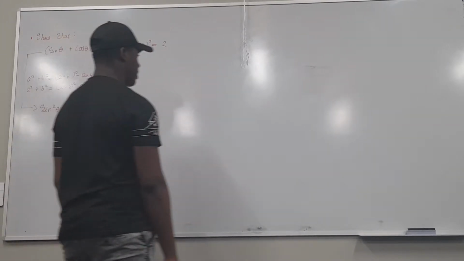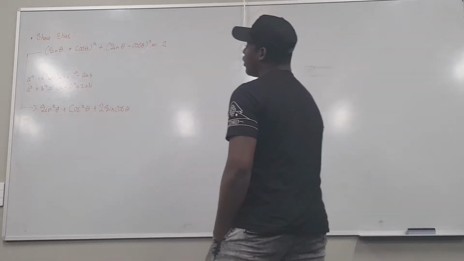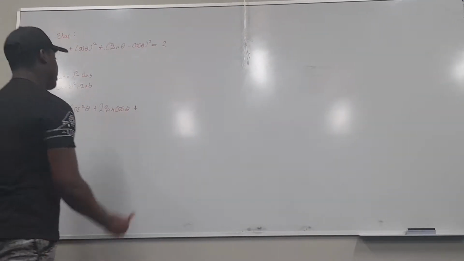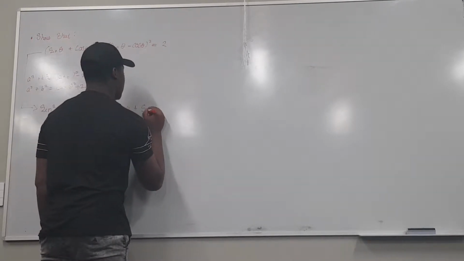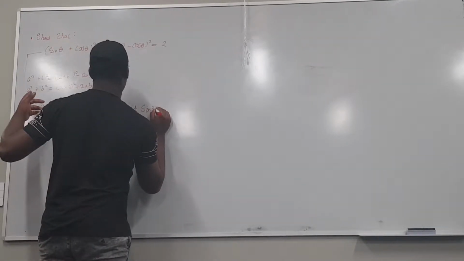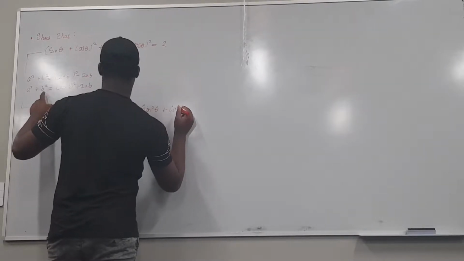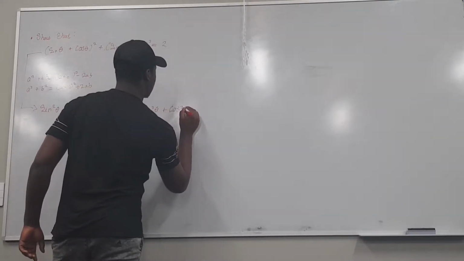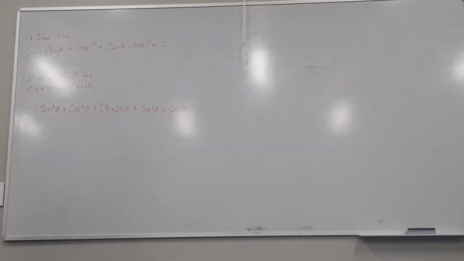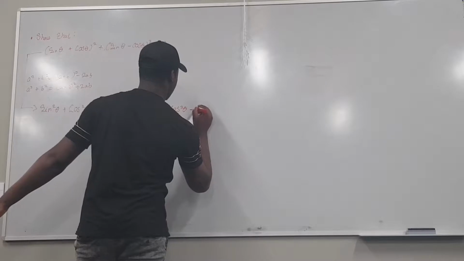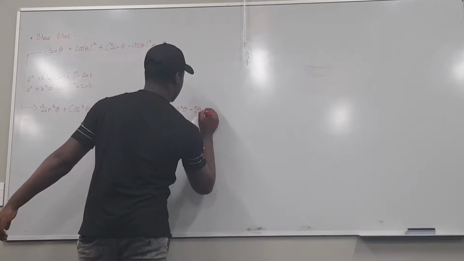Since it's a positive sign, we do not have to be too careful. Plus sine squared theta plus cosine squared theta, minus, this comes here, minus 2 sine theta cos theta.